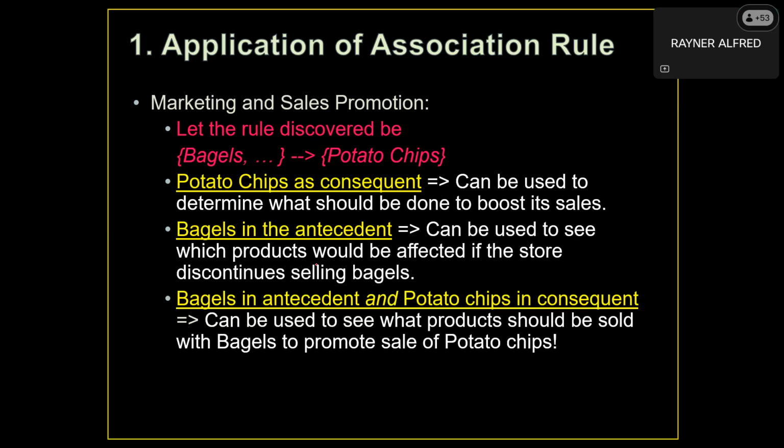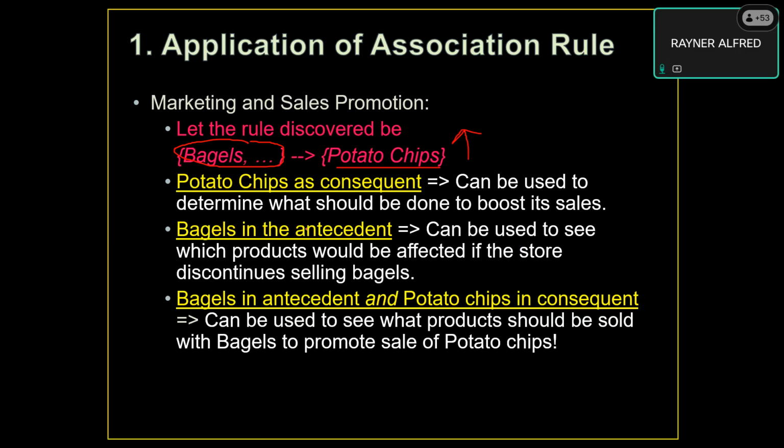What is the application of these association rules? For example, if we have bagels and potato chips, we are saying that potato chips, as the consequent, can be used to determine what should be done to boost its sales. These are the items that will be used to boost this sale.